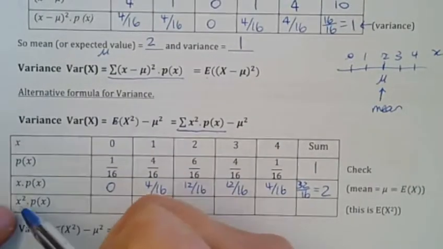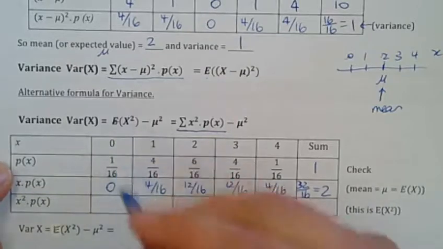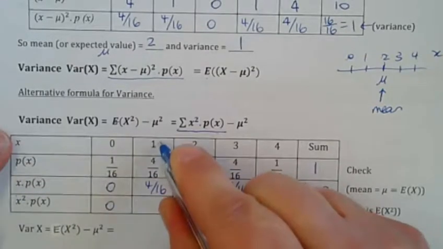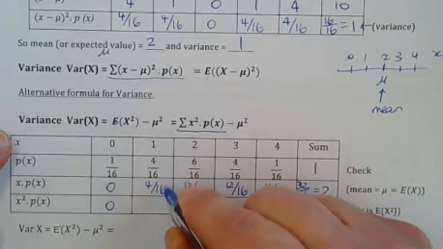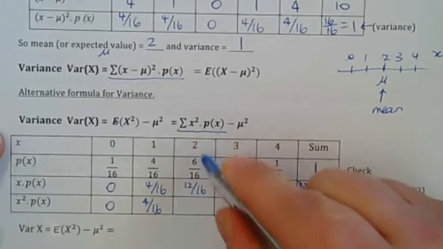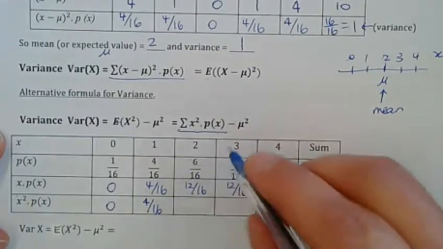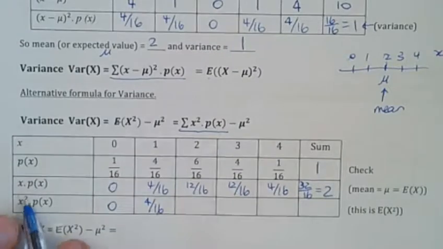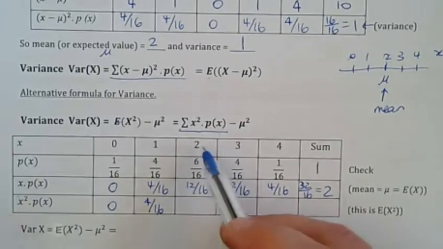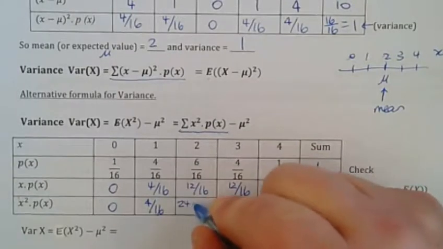So now I do x squared times px. So 0 squared times 1 on 16 is 0. 1 squared times 4 on 16 is 4 on 16. 2 squared times 6 on 16. What's 2 squared? Do you know what I'm doing here? X squared. So 2 squared is 4. 4 times 6, 24 on 16.